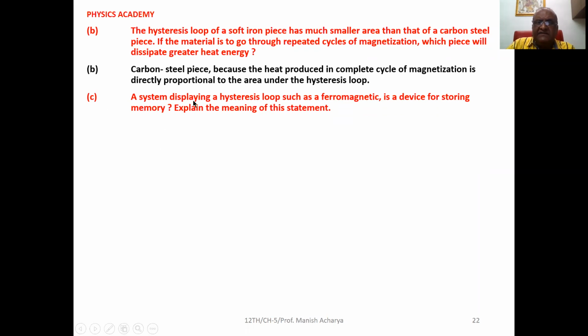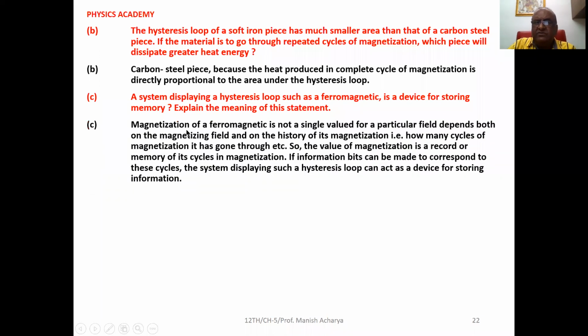C. A system displaying a hysteresis loop such as a ferromagnet is a device for storing memory. Explain the meaning of this statement. The magnetization of a ferromagnet is not a single value for a particular field. It depends both on the magnetizing field and on the history of magnetization. It implies how many cycles of magnetization it has gone through.